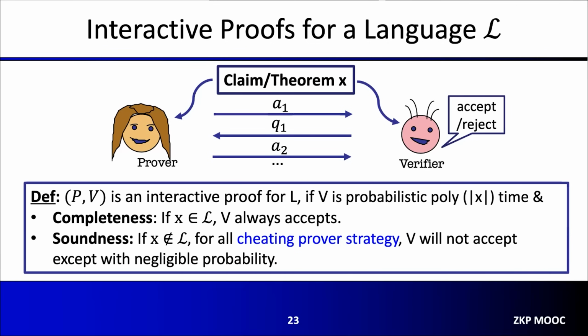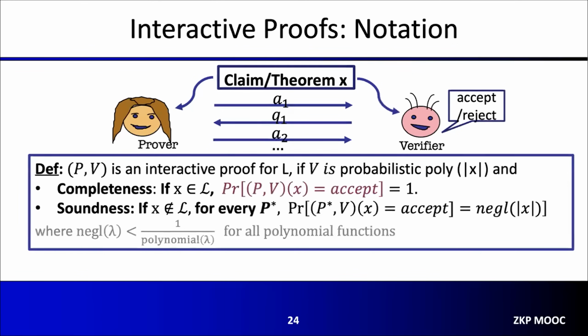Let's introduce a little bit of notation. So this is a cheating prover. Every cheating prover strategy will only help the prover to convince the verifier with negligible probability. We talk about the probability that (P, V) accepts on X. In the case of X in L, completeness is probability 1.